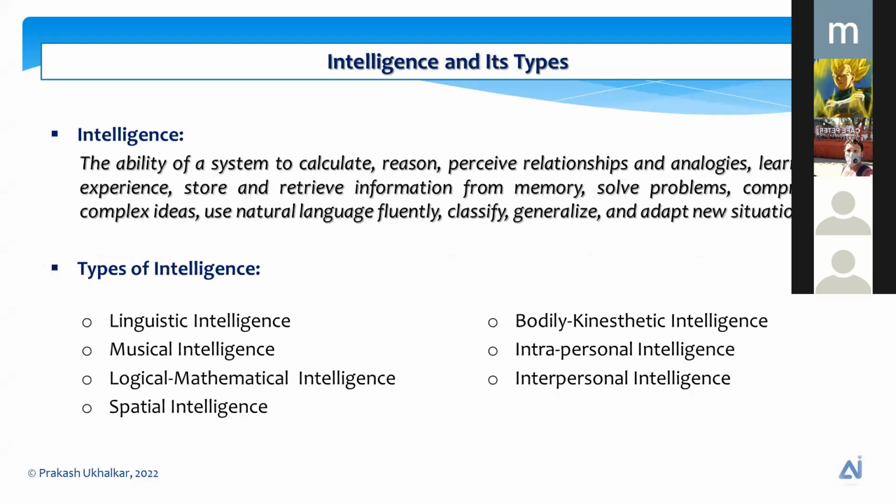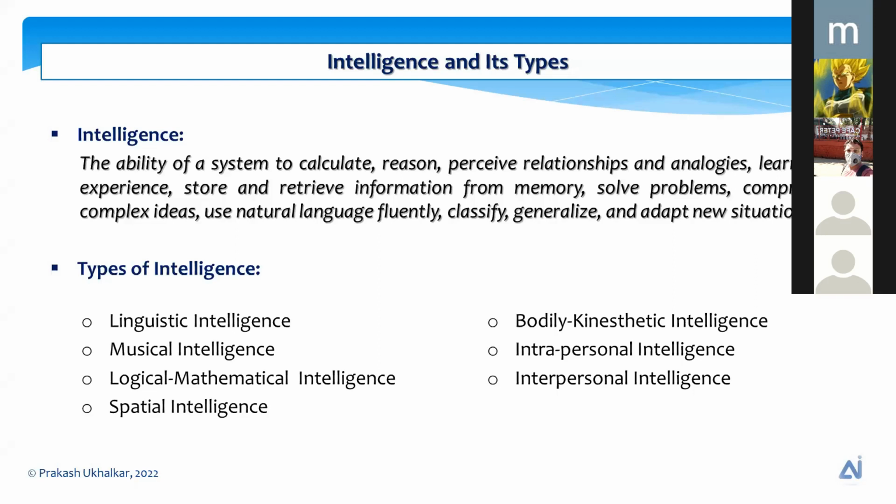As mentioned before, intelligence is an ability of a system, because first of all, our aim is to build intelligent machines, intelligent devices, intelligent systems. So when we discuss intelligence with that perspective, what could it be?